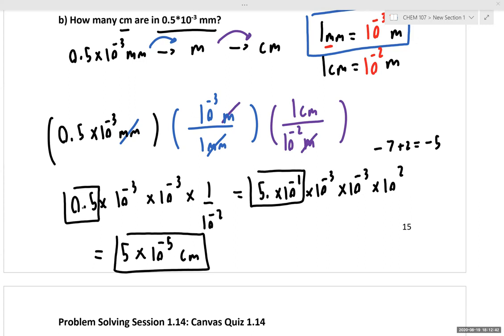So you don't have to convert this 0.5 to 5 times 10 to the negative first. The reason why I did it is so that I can report my final answer in scientific notation, which is a little bit cleaner than reporting my final answer as a decimal.